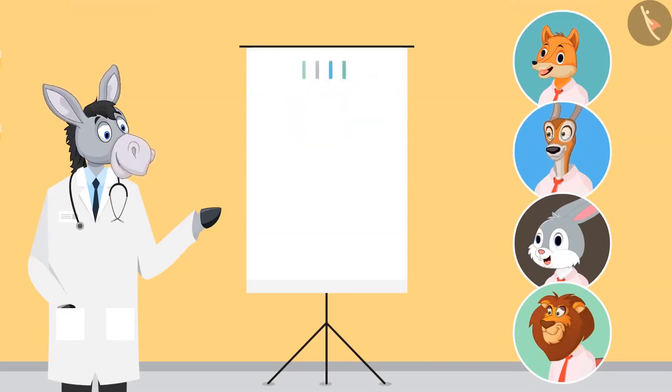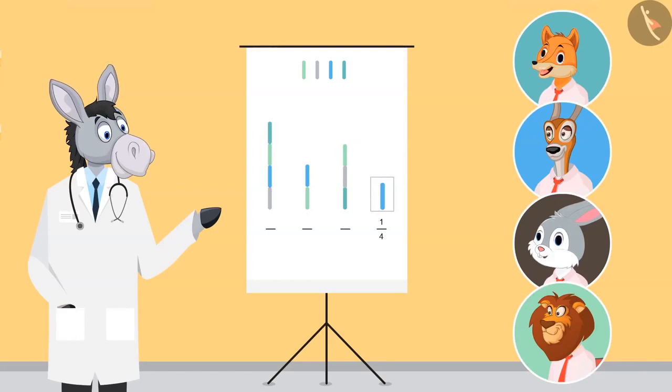Absolutely right. Now look at these 4 same-sized wood logs. Now can you guess their different numbers in relation to these 4 woods? This is 1 by 4. This is 3 by 4.